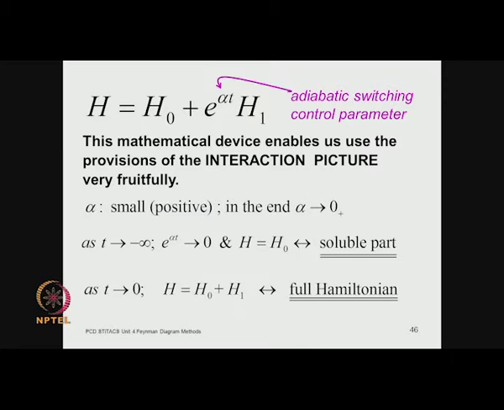Okay. So, this is the summary of what we have. We have got a soluble part, this we are happy with, we know the exact solution. This is the full Hamiltonian that we want to address, and this is the adiabatic switch, which is the mathematical device to deal with this residual correlation, which we are not able to handle in the Hartree-Fock approximation.